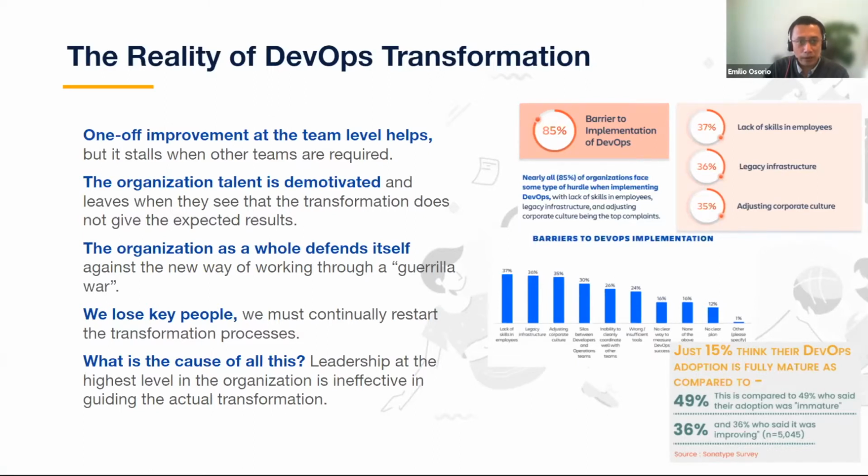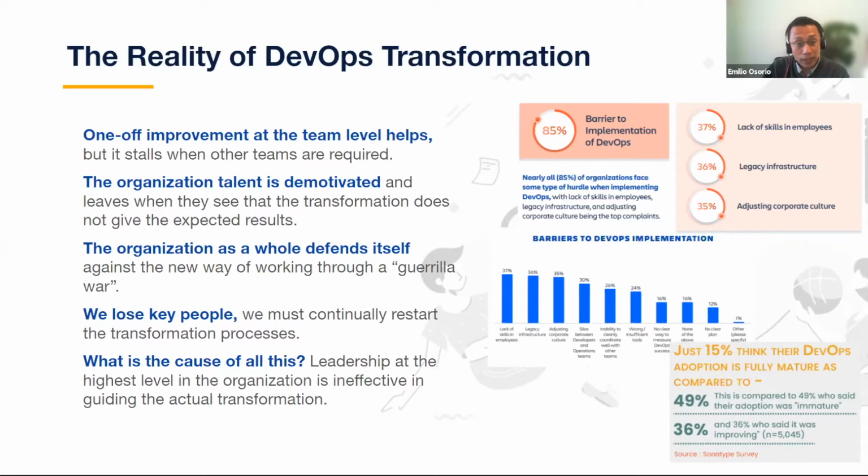So we need other teams, and when we need other teams, then things begin to break. We work in silos, we have management issues, we have political wars, and essentially we don't have time to do the technological transformation deep enough to realize the problems.